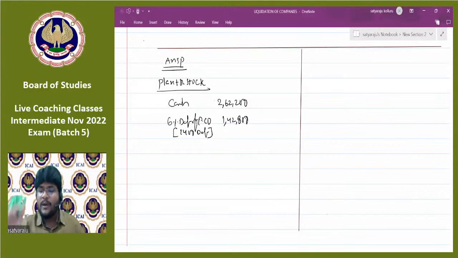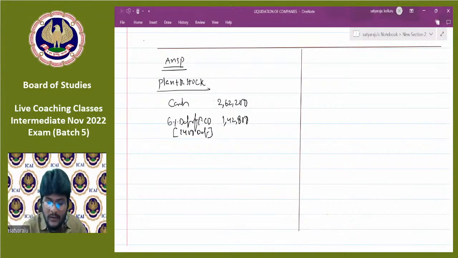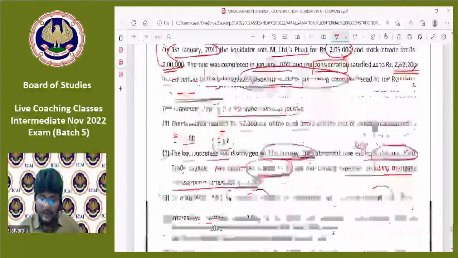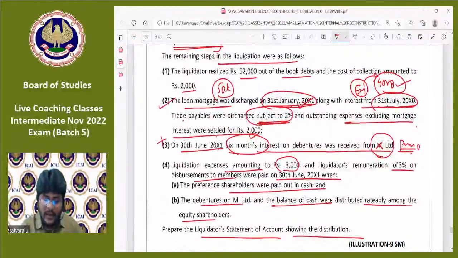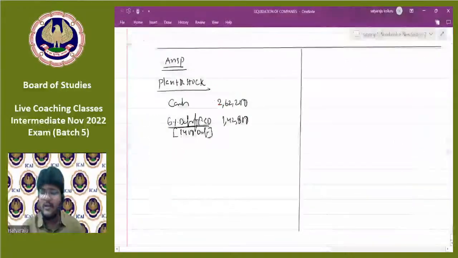And at this moment itself, you can also consider one more thing, because on this 6% debentures of the purchasing company, the liquidator will also get certain 6 months interest. That point was clearly given in point number 3. On 30th June 2011, 6 months interest on debentures was received from the purchasing company.